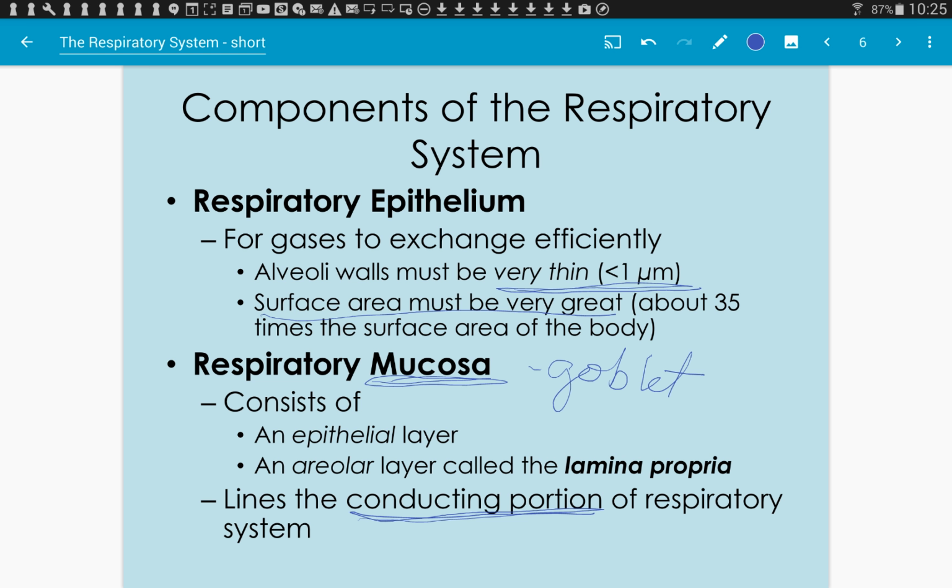So you only have mucous membranes from your nasal cavity to the terminal bronchiole. This little tube leading to the alveoli is your respiratory bronchiole, and then you have your alveoli. That one little section has no goblet cells, no mucus. So make sure you remember where you find the respiratory mucosa.